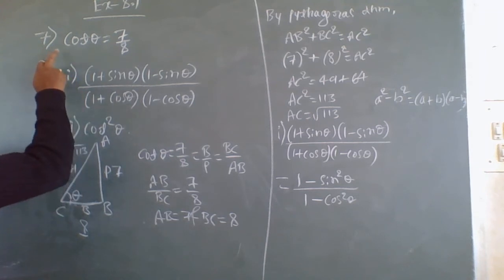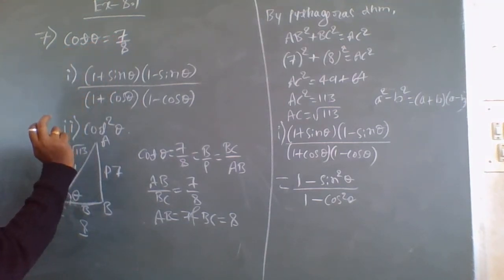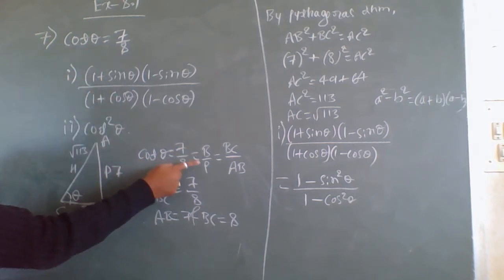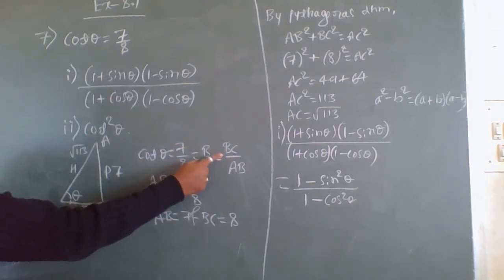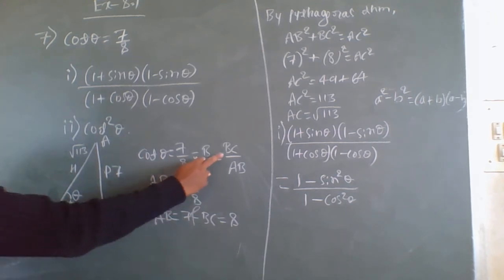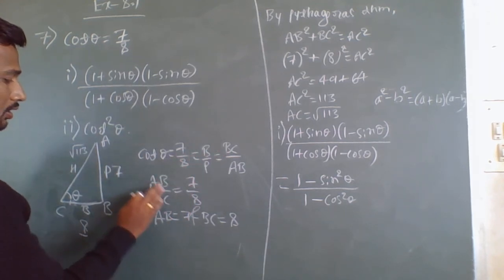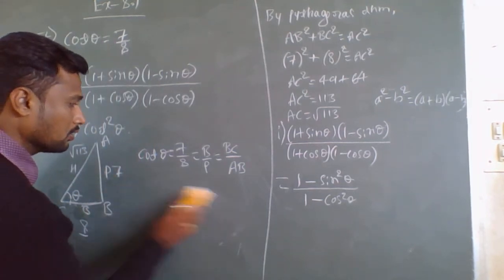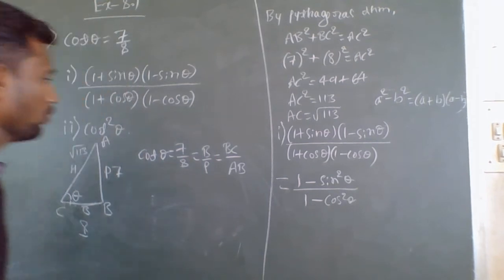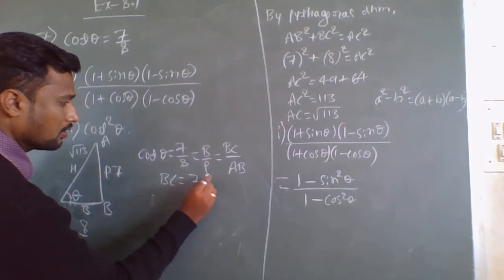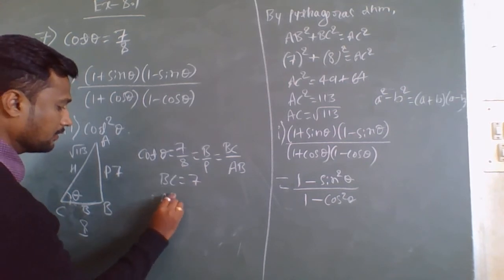But here they have given cot theta equal to 7 by 8, which means cot theta is equal to base by perpendicular. Base value is BC, so BC equals 7. Sorry, we made one mistake here. BC is 7 and AB is 8.